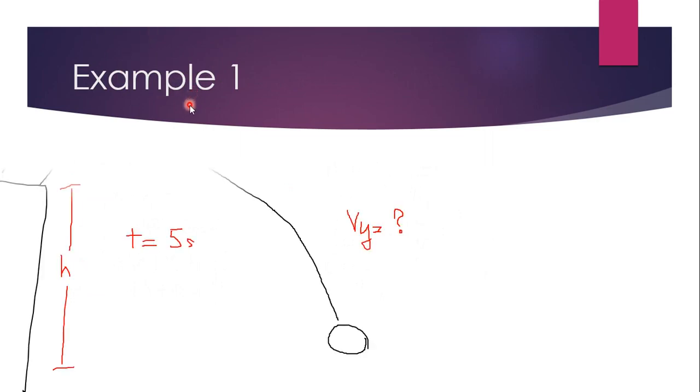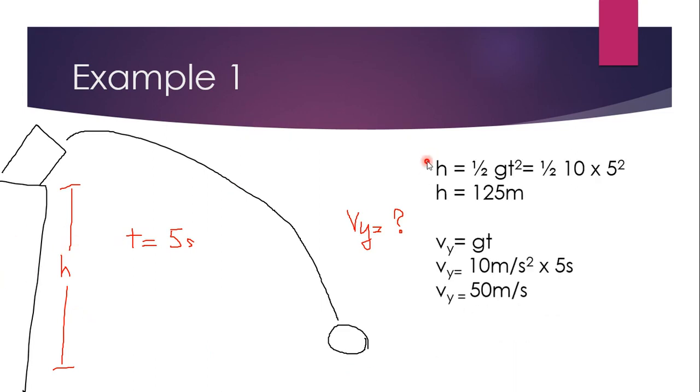Example 1. So this is a cannon shooting the cannonball down here. We got the time here, 5 seconds, note it down. We don't have the vertical velocity, which is Vy, and we don't have the height. So we'll find the height first. Height equals 1/2 times g, gravity, times time to the power of 2.